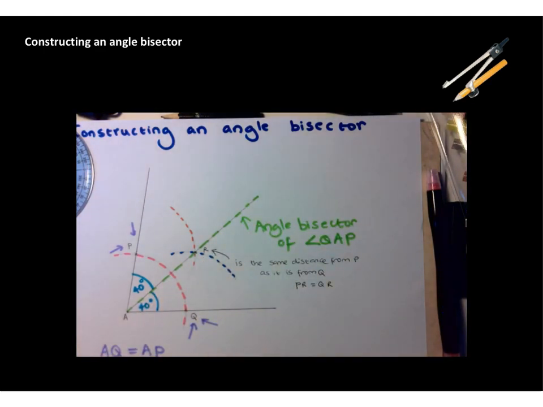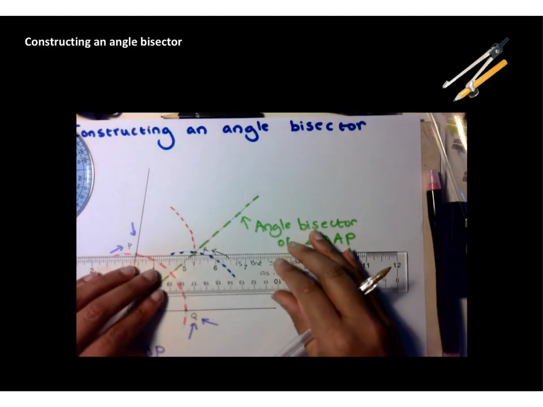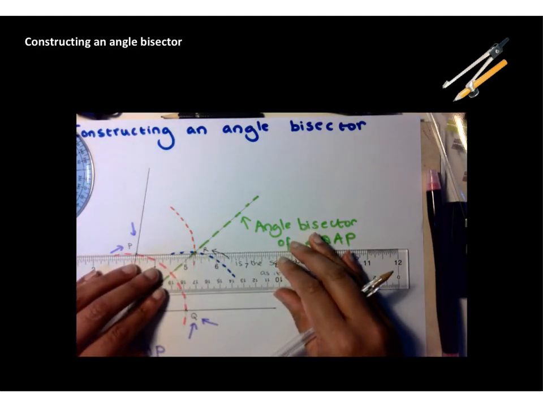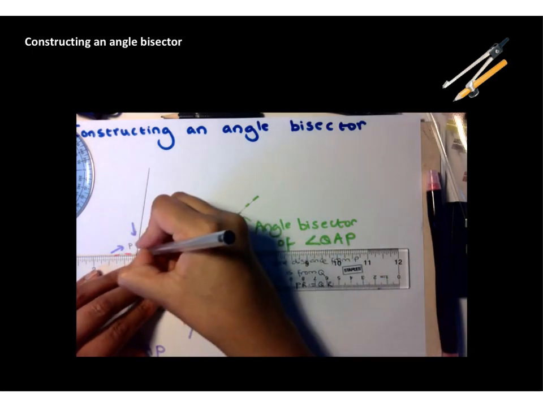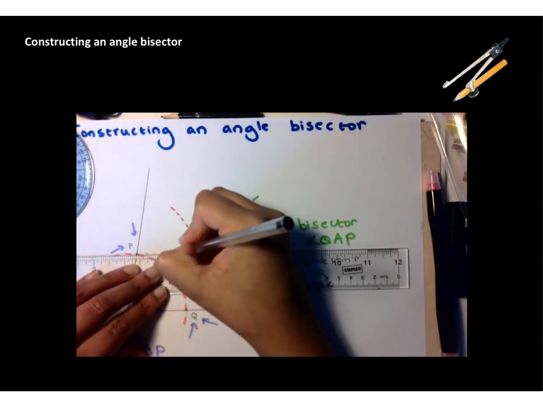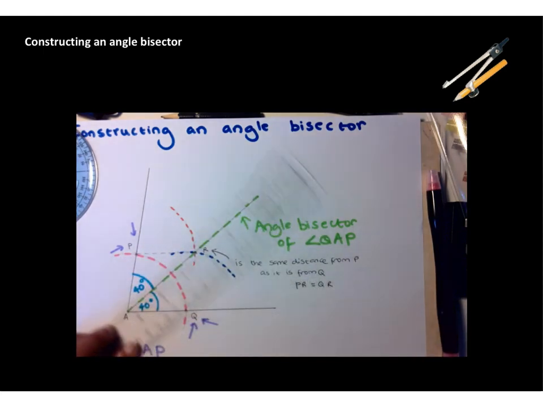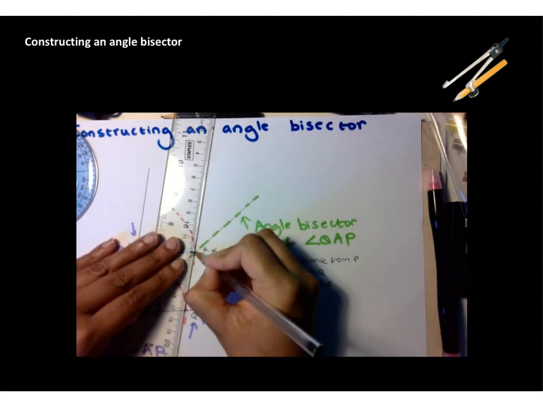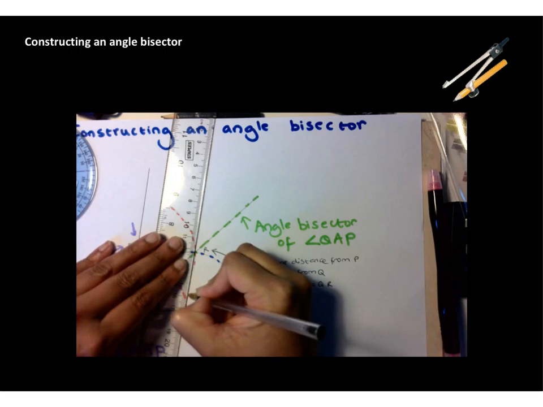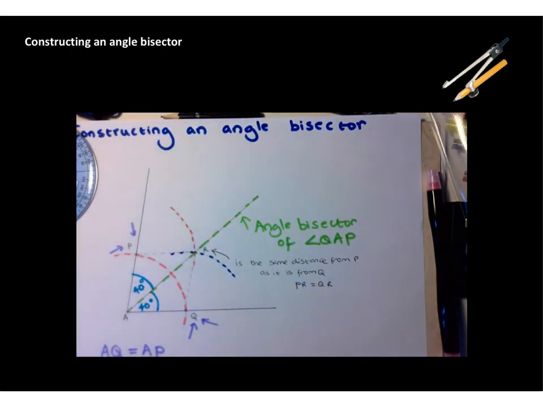Now, another way of visualising this, and it can be a little bit confusing to draw this in, so you may not want to draw this in on your own diagram, but we've actually created a rhombus. So if I join up P and R and Q, can you see we've created a rhombus?